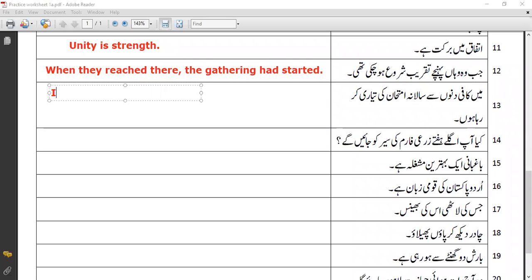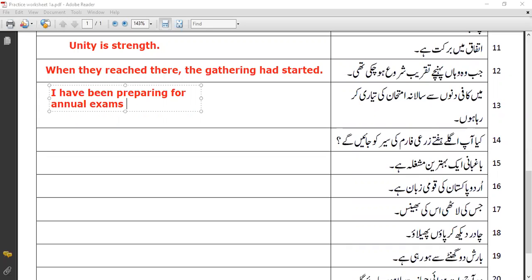I have been preparing for Salana exams is annual exams or final exams. Okay, preparing for annual exams काफी दिनों से. Okay, I have been preparing for annual exams.